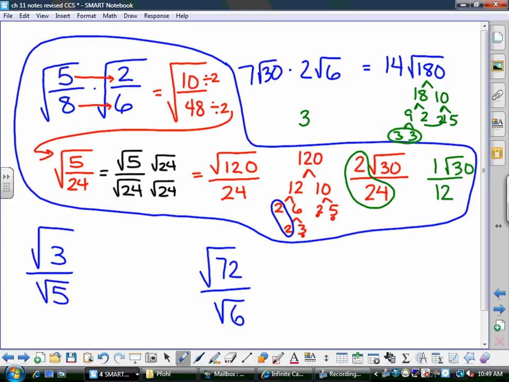You've got a pair of 2's, one of those 2's will go outside. And the 5 doesn't have a pair, so it stays inside the square root. That's just for the square root of 180. There was still a 14 being multiplied outside all of that. So the final answer is whatever 14 times 3 times 2 is. So 84 square root 5.